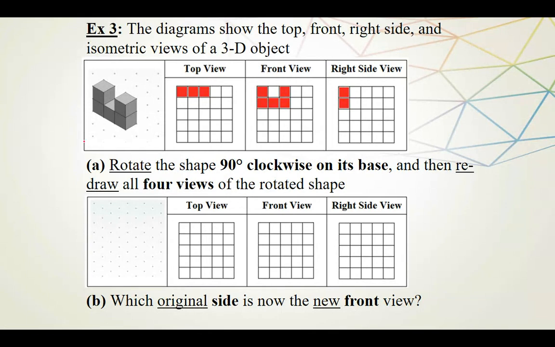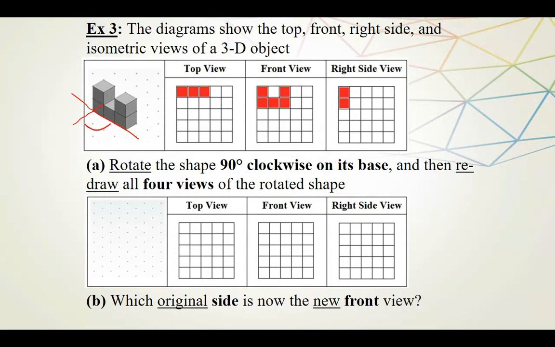So I'm going to draw a line that's just parallel to the bottom of the shape here. And I'm going to draw another line that goes in this direction. Now, all I'm going to do is grab this thing and rotate it so the bottom of the shape is still on the ground, except we're just going to change its orientation.